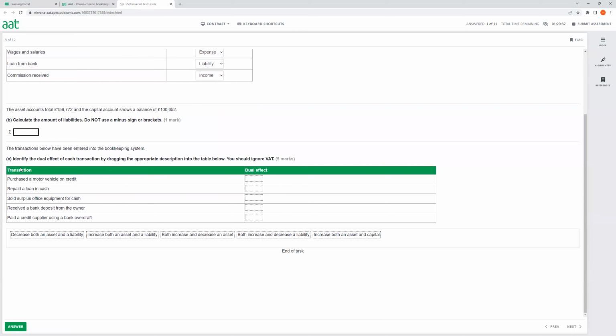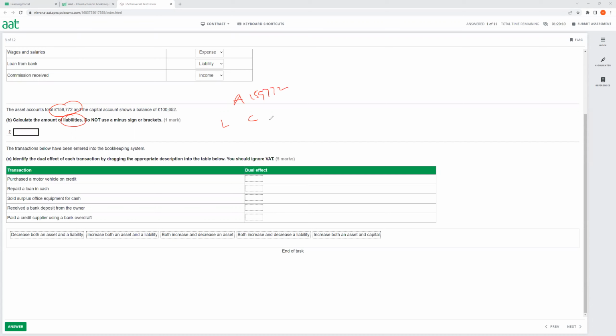All right, the next one. The asset account total is 159,772 and the capital account shows a balance of 100,652. The question is asking how much is the liability. If you remember our accounting equation, A is on the top, then L and C. So they give us the A, that is 159,772.